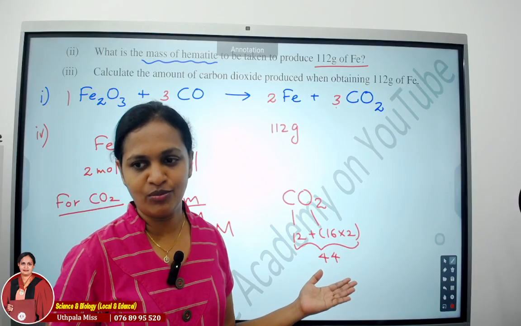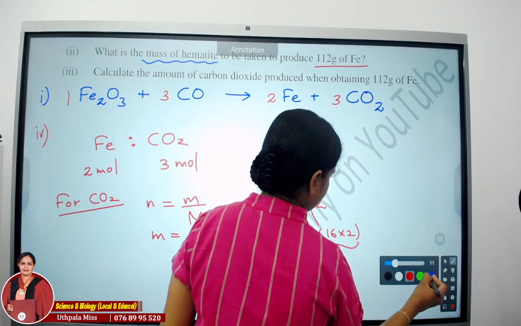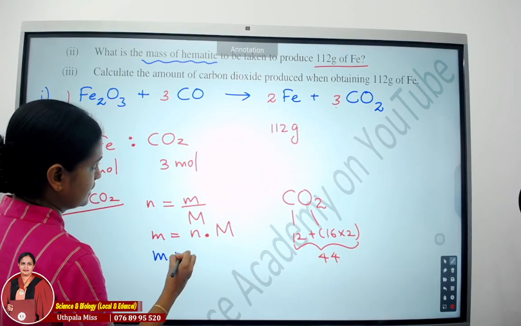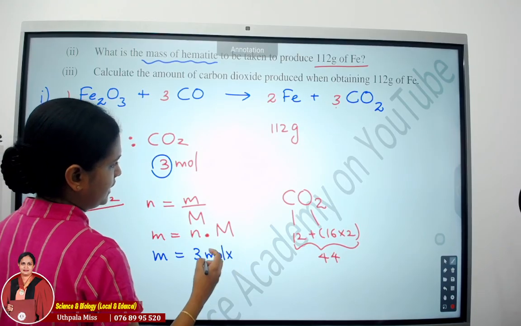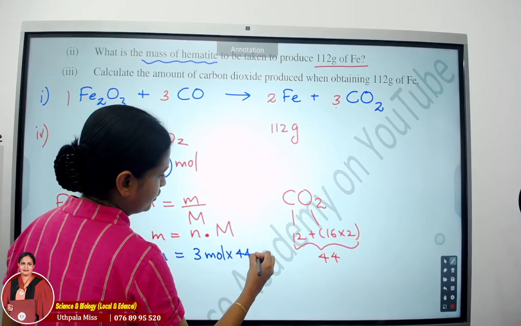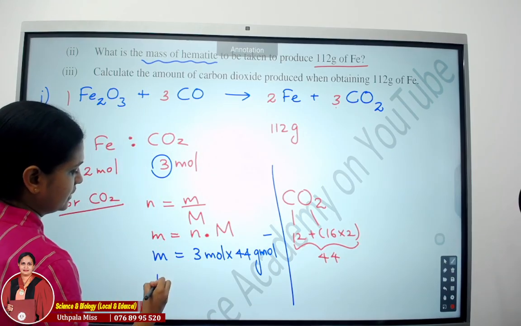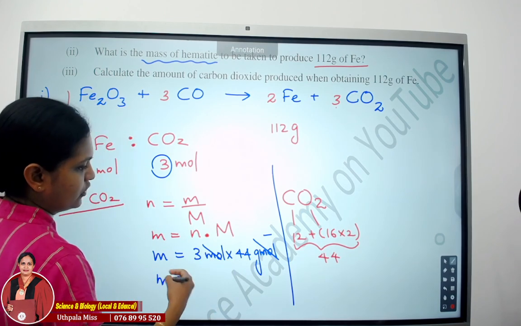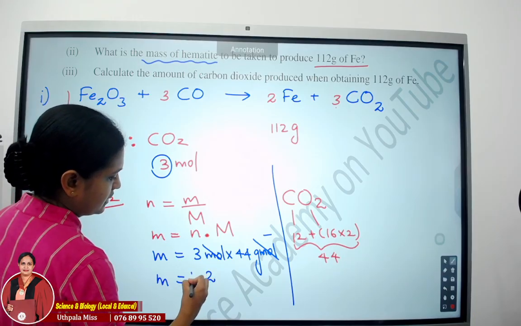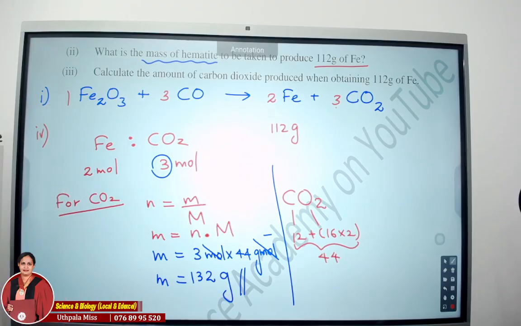When you take the relative molecular mass in grams, it becomes the molar mass. Therefore, mass equals 3 moles multiplied by 44 grams per mole, 44 into 3, which is 132 grams. Many of you sent 132.